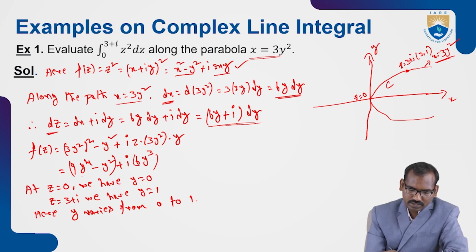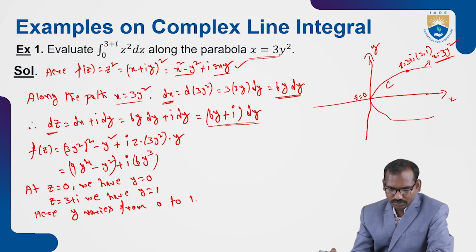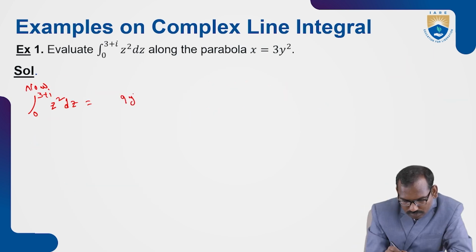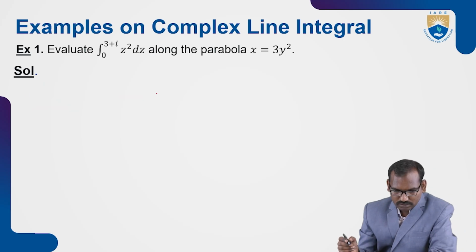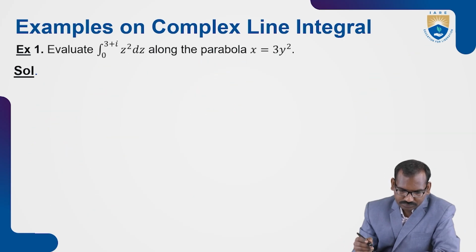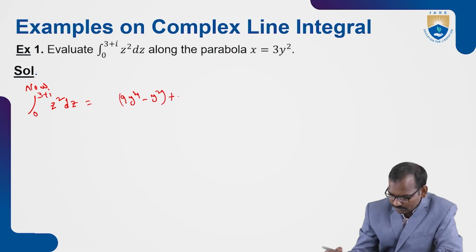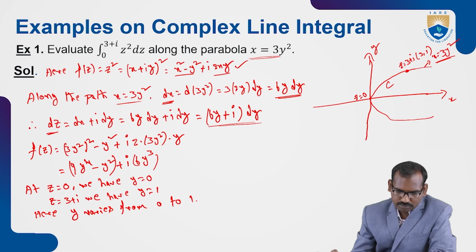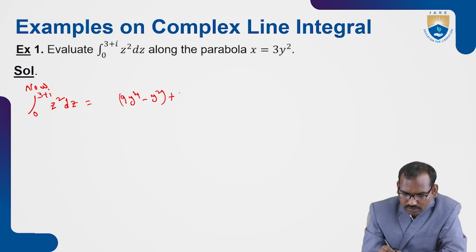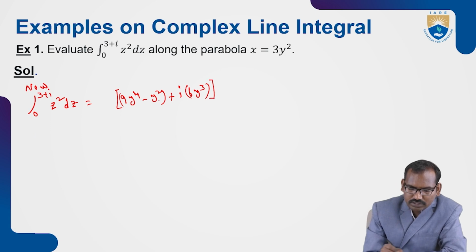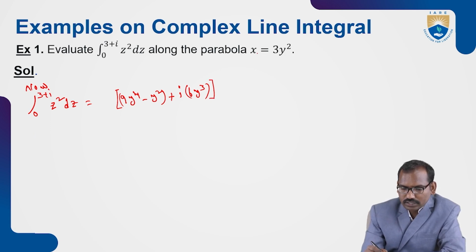F of z means we have to write 9y to the power 4 minus y square plus i times 6y cube. Okay, this is z square on the curve x equals 3y square, into dz.